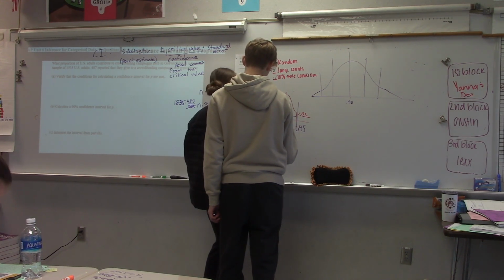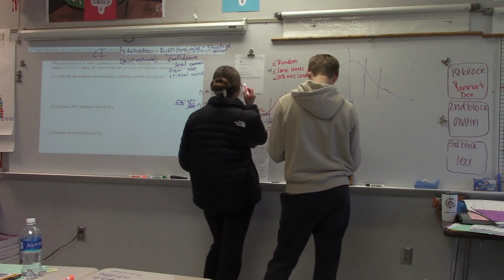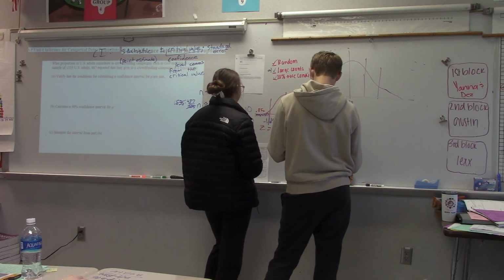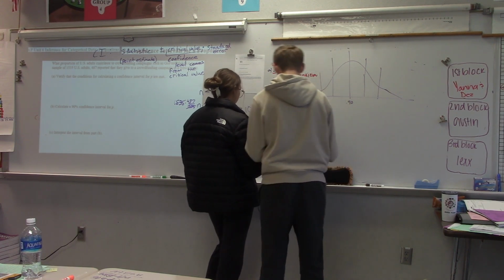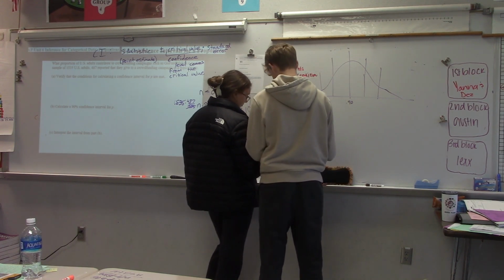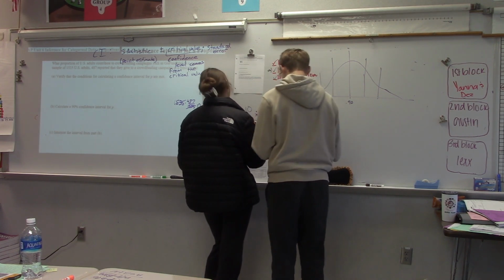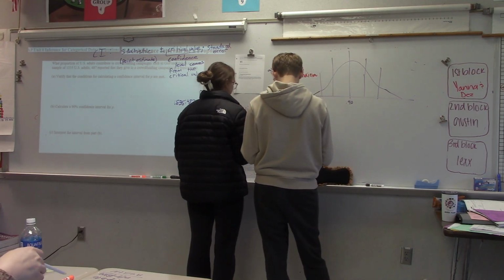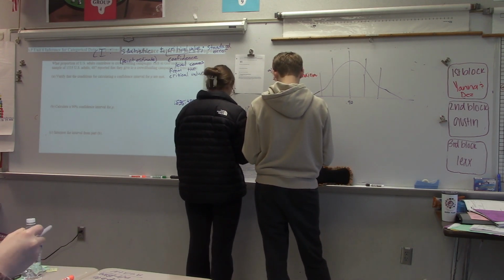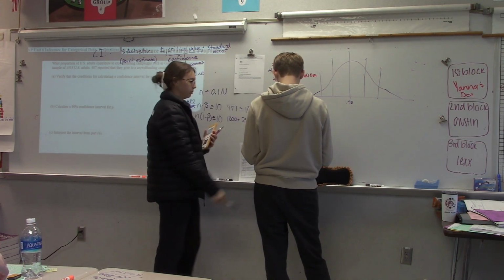One thing you need to be aware of on the AP exam is you need to show everything being substituted into the formula, and then I would use the calculator to do the rest of the work. So what I would do is p hat plus or minus the critical value times the square root of p hat times 1 minus p hat divided by n. 487 out of 1535.